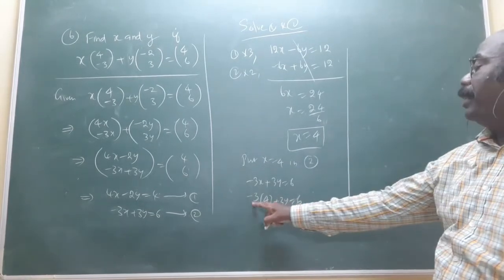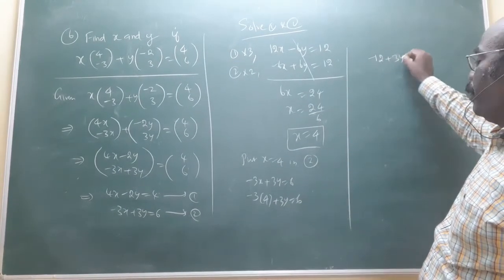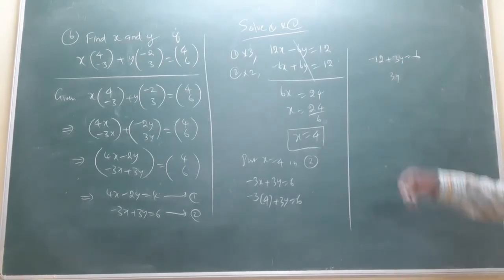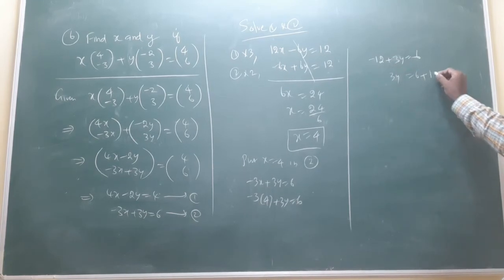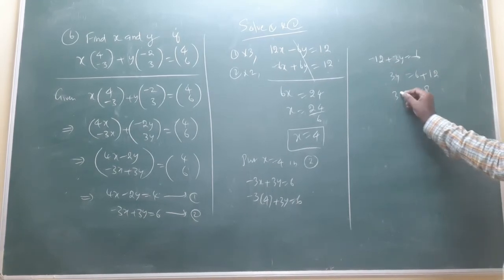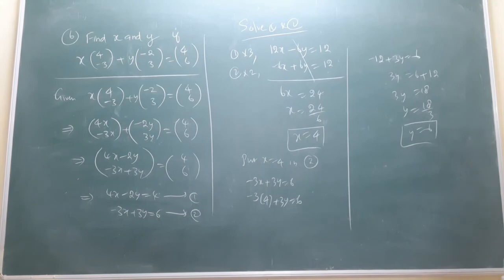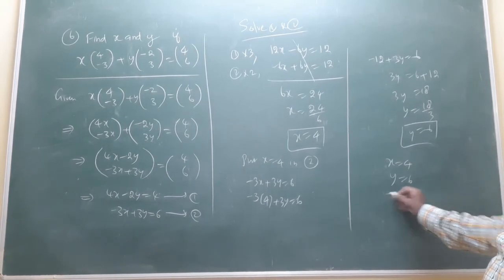Next, minus 3 into 4 is minus 12, plus 3y equal to 6. But the y term stays on the left side only: 3y equal to 6 plus 12, which is 18. 18 by 3 is 6. What is asked? x and y are asked. The x value is 4, y is 6 is the answer.